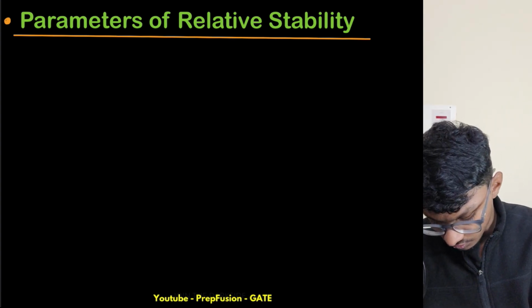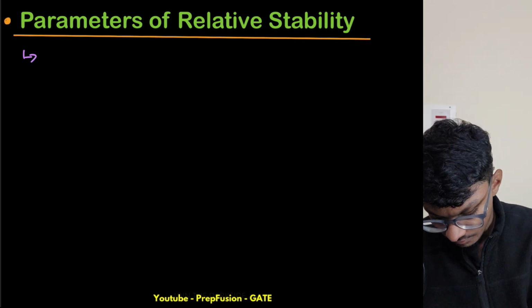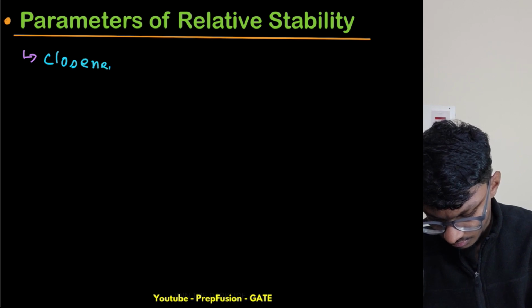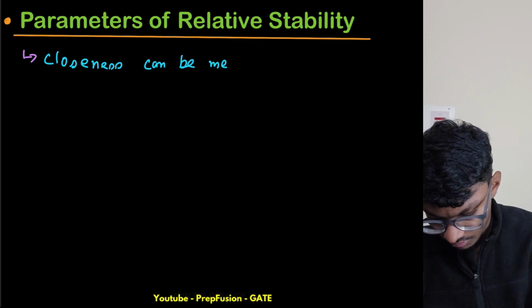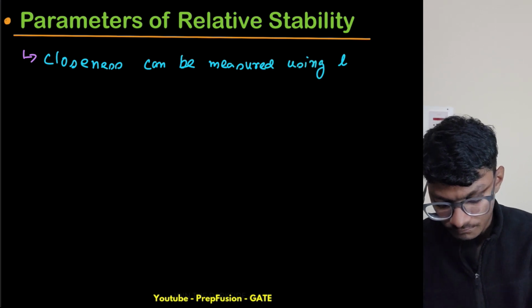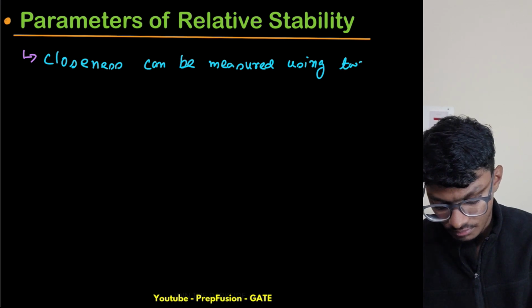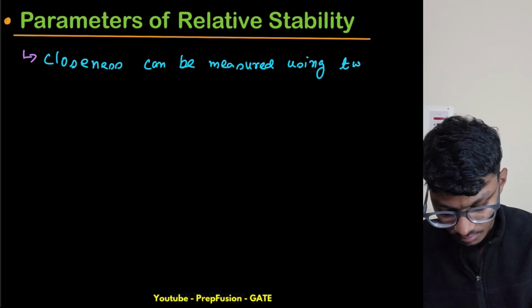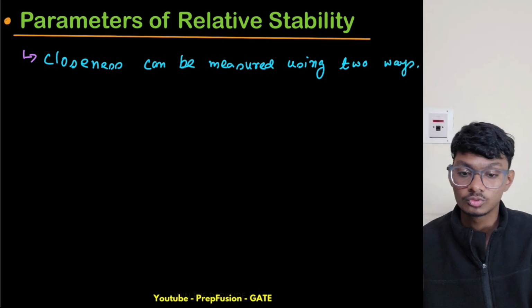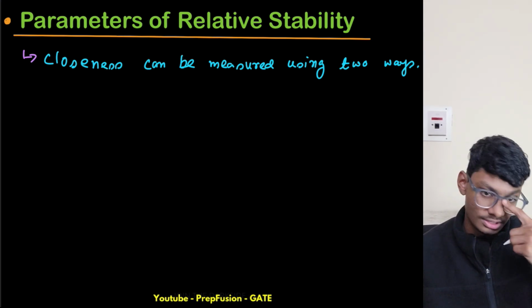What are the two ways? Basically the angle condition and the magnitude condition.